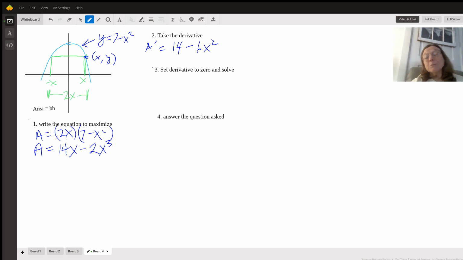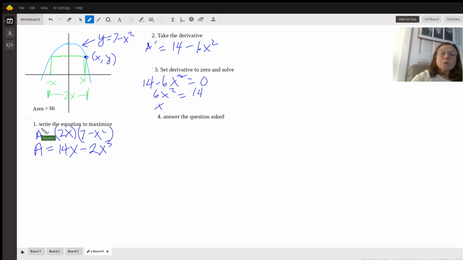Now, maximum and minimum problems always have this next step in them. You set the derivative equal to 0 because you're looking for a location where your function has a horizontal tangent. So we take our derivative equation, 14 minus 6x squared, set it equal to 0, and solve that. So we get 6x squared is equal to 14, and x squared is 14 over 6.